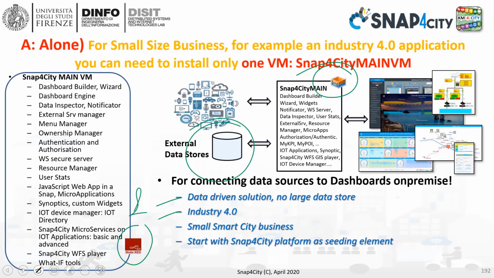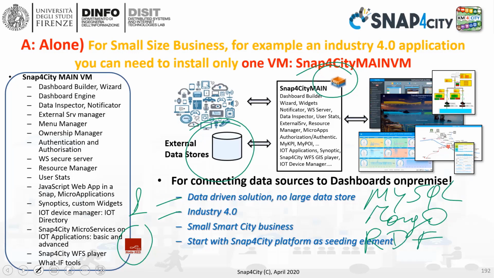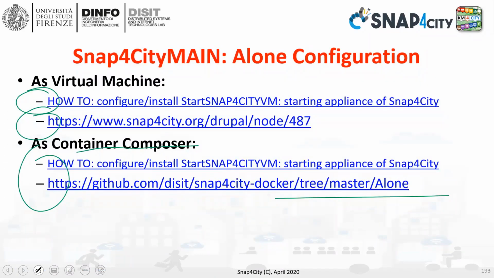So you just read the database, and the database could be MySQL, Mongo, or RDF, or in general ODBC, JDBC tools. So you can access the database and just read it, and connect your dashboard builder to the database, to what we call the metrics or KPIs.